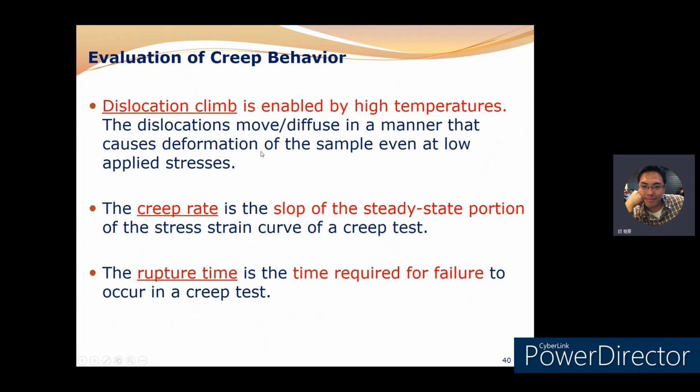Therefore, if we keep the applied stress, the creep process keeps occurring inside this sample, and this creep process will cause the dislocation climb.